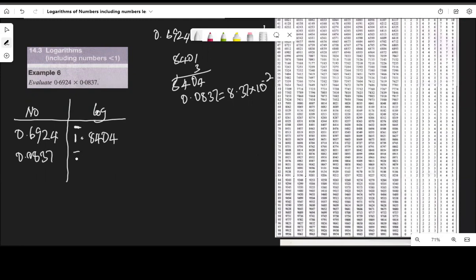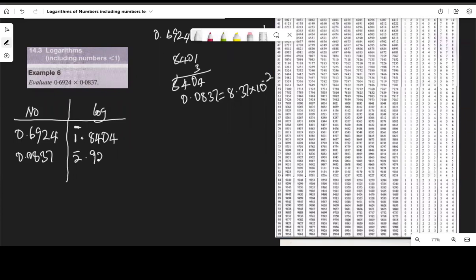The characteristic is bar 2. Then we look for the logarithm of 83 under 7. 83 under 7 is 9227. There is no difference in this case.